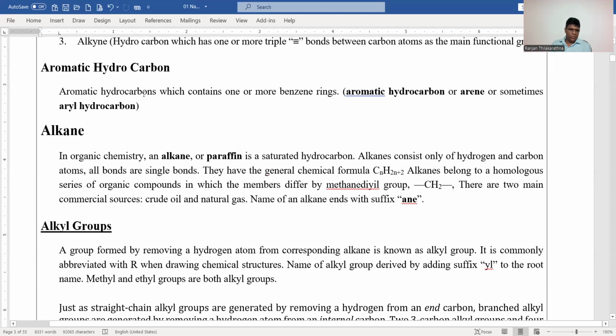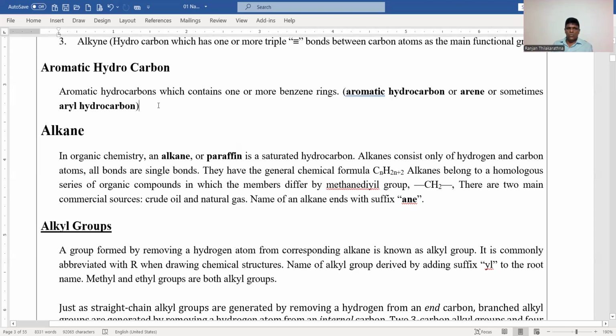Then aromatic hydrocarbons. Aromatic hydrocarbons are the hydrocarbons having a benzene ring. See, hydrocarbons which contain one or more benzene rings are known as aromatic hydrocarbons, or sometimes we call them aryl hydrocarbons, or arenes.